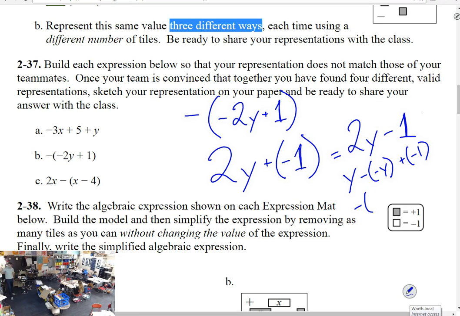We could say the opposite of negative 2y plus the opposite of positive 1, which is really weird, but there's lots of ways you can write this. Really, and this is where infinity starts coming in, there are infinitely many ways to write any expression. Because we're allowed to do anything we want as long as we follow the rules. So you could write this in infinitely many different ways.